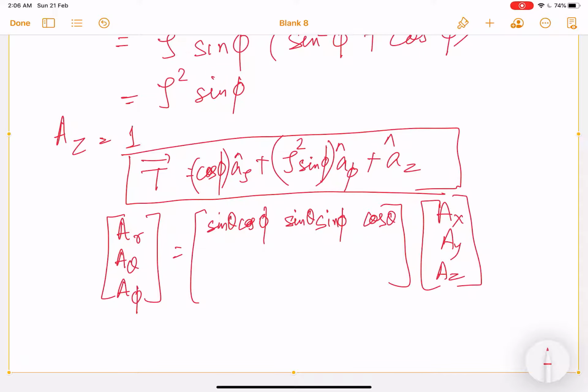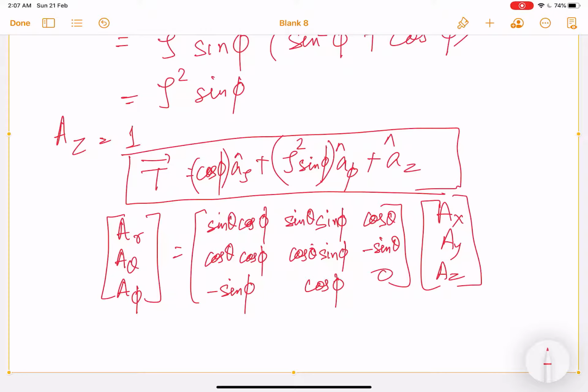Then for A theta: cos theta cos phi, cos theta sin phi, minus sin theta. Then the last row: minus sin phi, cos phi, and 0.